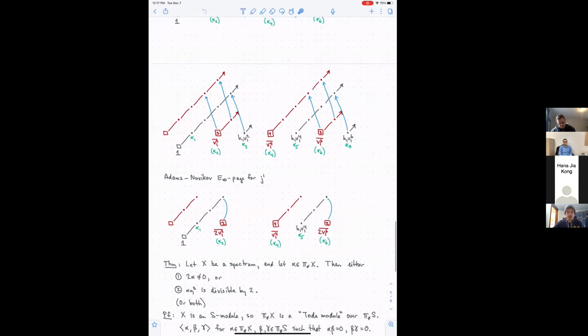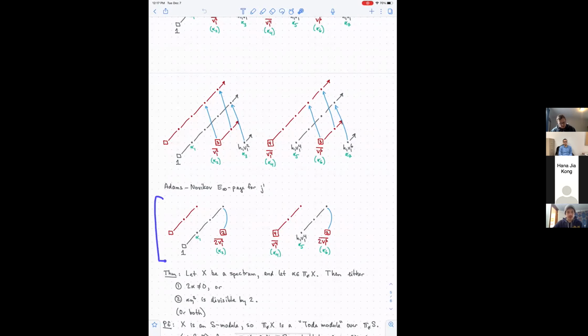Okay, now there's another thing that you see in this picture. In addition to the E-infinity page that I just computed, there's another phenomenon that you see, and that's these hidden extensions. These are hidden 2 extensions, exactly in the sense that we talked about in the first lecture.